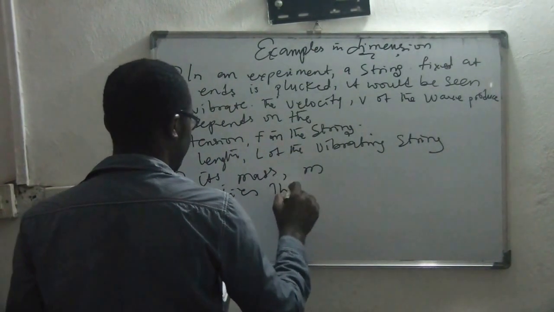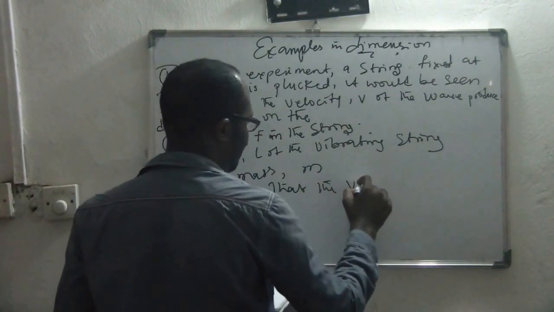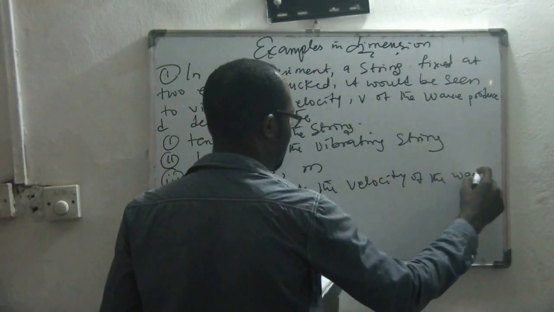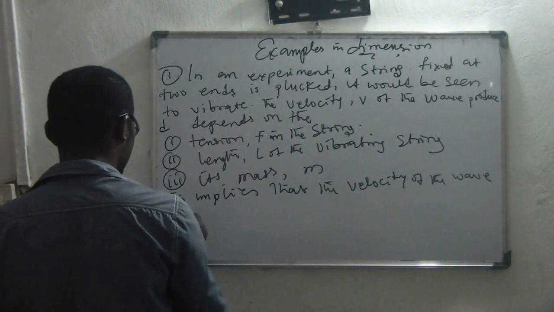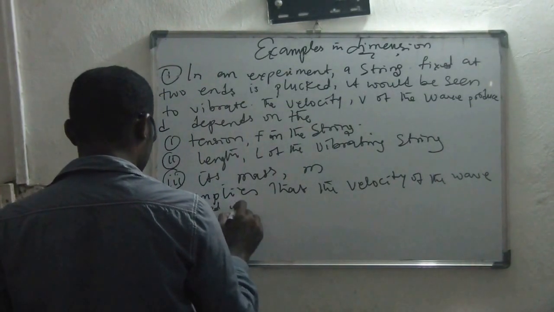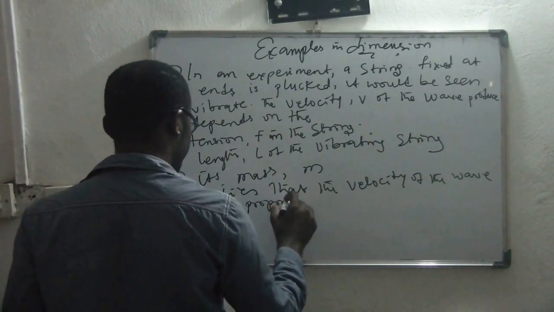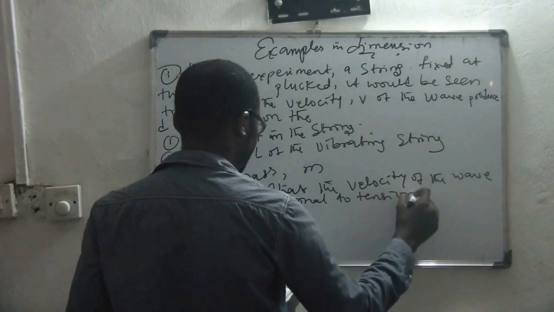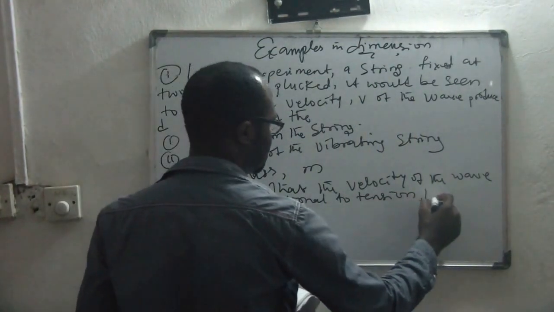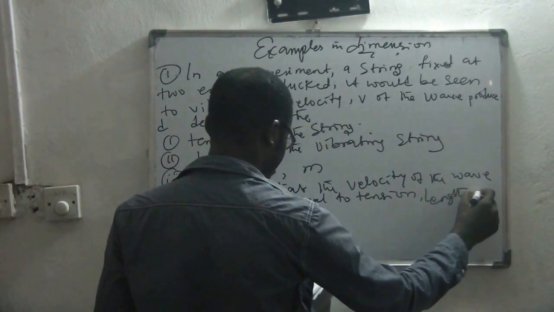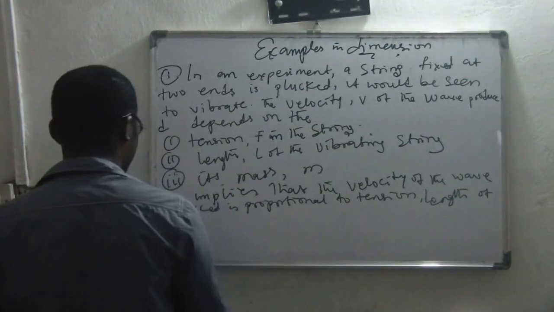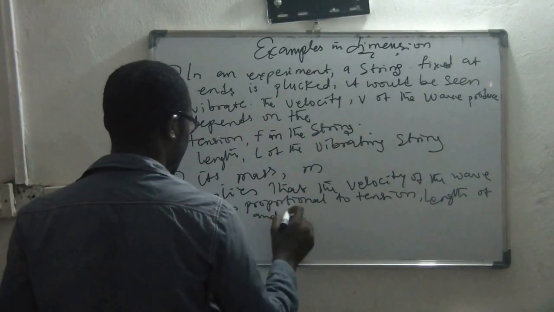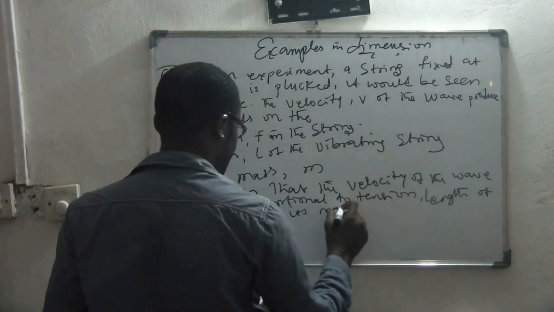This implies that the velocity of the wave produced is proportional to the tension, the length of the string and its mass.